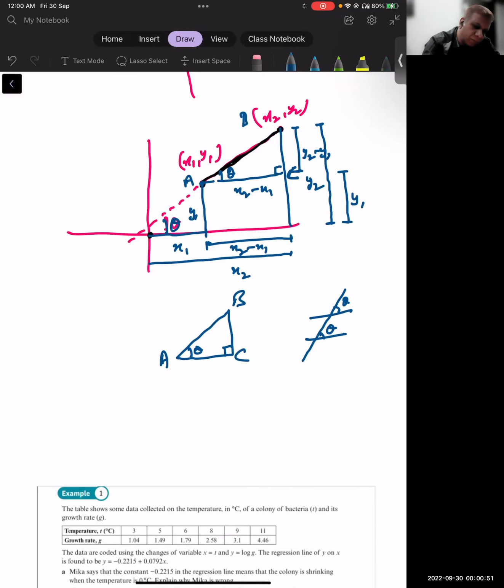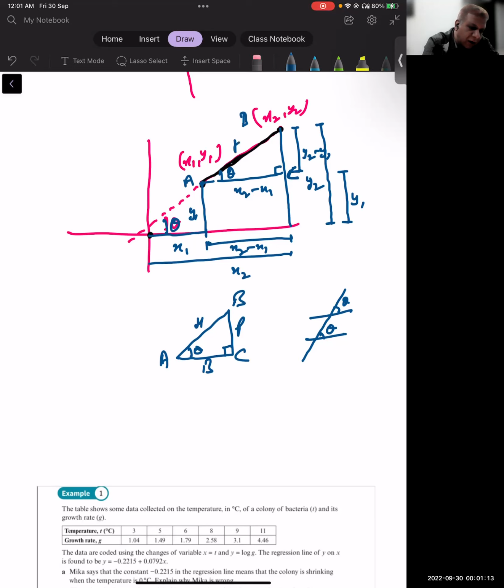It is because the base is the line on which the two angles are aligned. Where the two angles are aligned, that is the base. So it is the base, it is the perpendicular, and it is the hypotenuse.